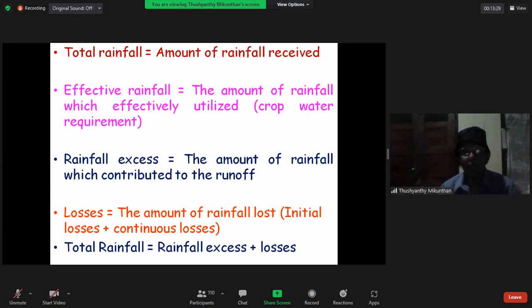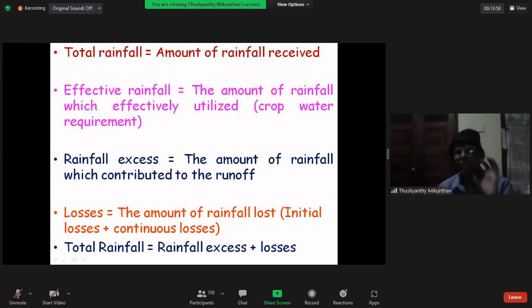We are interested in this rainfall excess, because rainfall excess only contributes to the runoff which originates the flood in the catchment or the downstream of the catchment. Here, in the total rainfall which we are receiving, there are some losses.